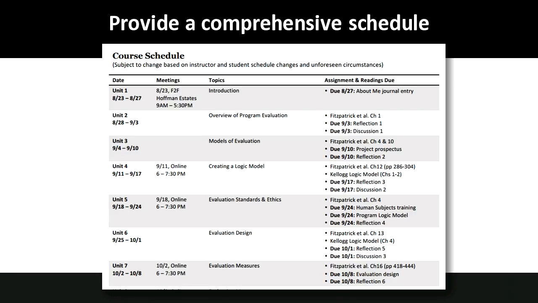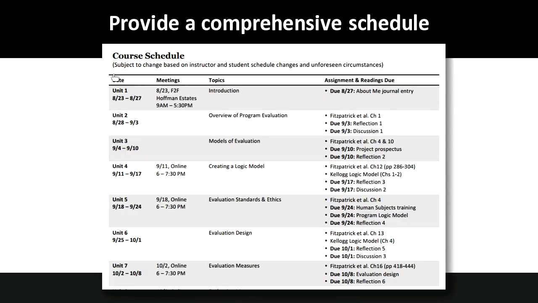What are some really good ways to help them understand that flow and navigation? One is to provide them with a comprehensive schedule like the one I have on the screen in front of us. I'm going to give you a couple different options for how you can create this comprehensive schedule for your students.